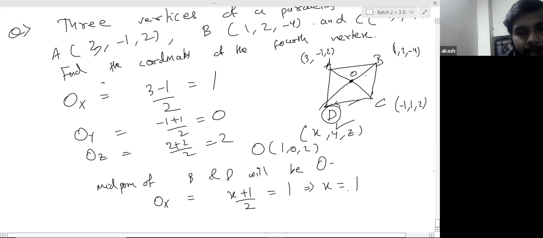All right. Same way we can write OY is equals to y plus 2 upon 2, that is equals to 0. This implies y is minus 2.